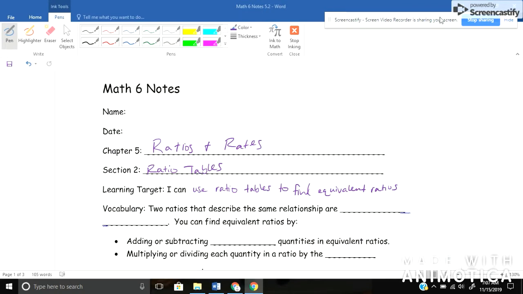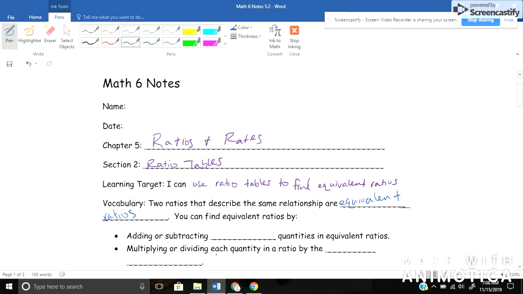Okay, starting off with a little bit of vocabulary today. Two ratios that describe the same relationship are equivalent ratios. You can find equivalent ratios in a couple of different ways.